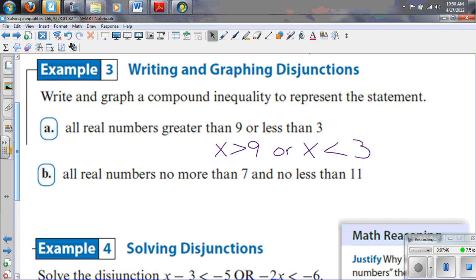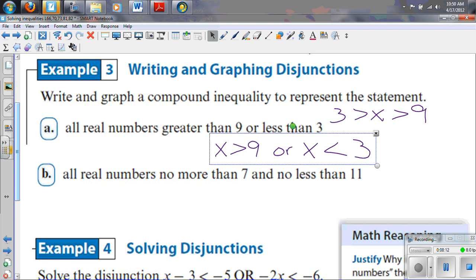So let's put the x in the middle. And so we're going to flip this first one, because 3 is less than 9. We're going to put the 3 first. And we're going to write 3 is greater than x, and then x is greater than 9. So 3 is greater than x, but x is greater than 9.